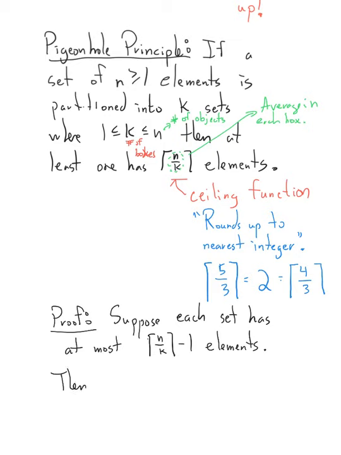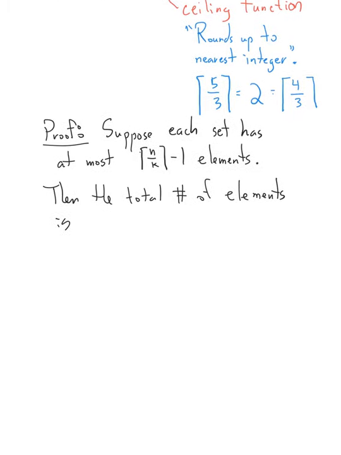Then the total number of elements is at most, so we have k boxes, and at most they have the ceiling of n over k minus 1 elements.